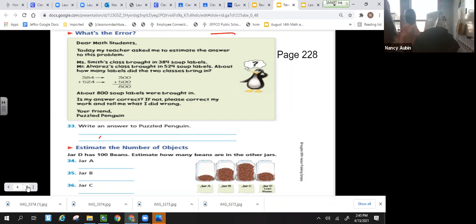No, you round the hundreds, but you looked at the ones. You should have looked at the tens. So 384 becomes 400. 524 becomes 500. 500 plus 400 is 900. So the answer is 900.